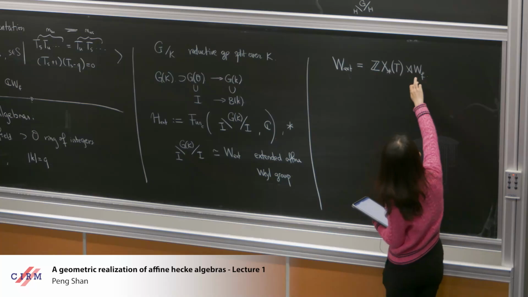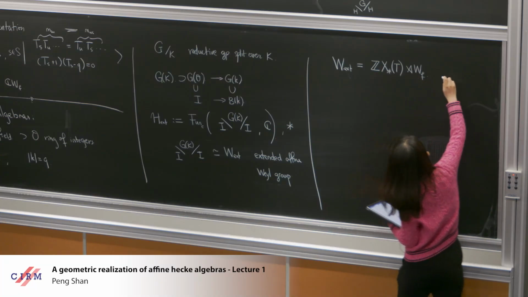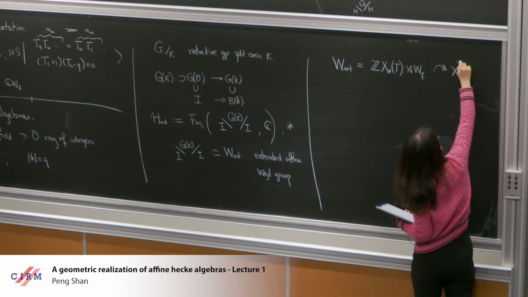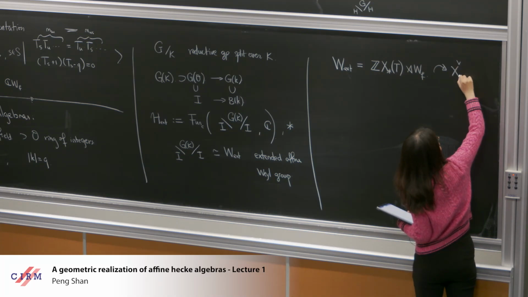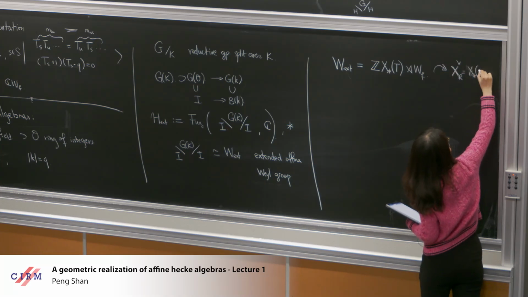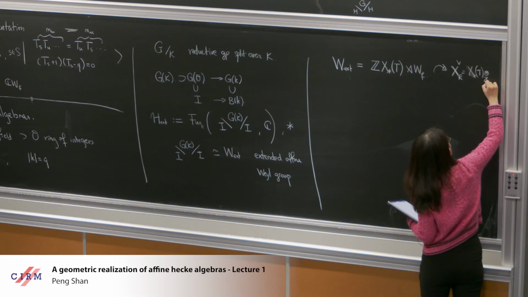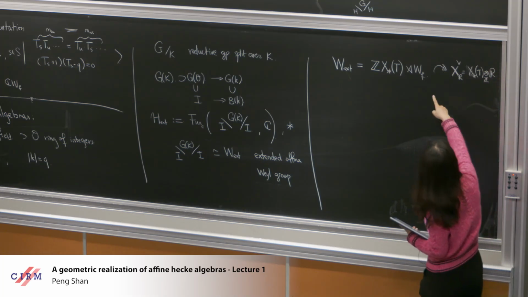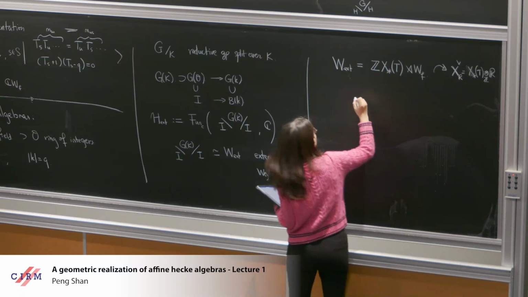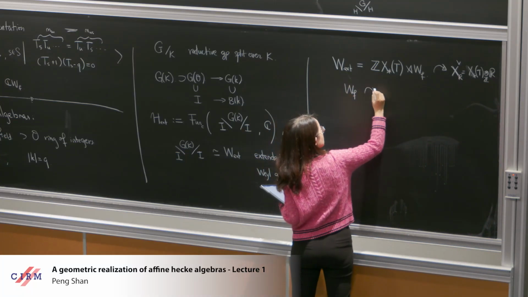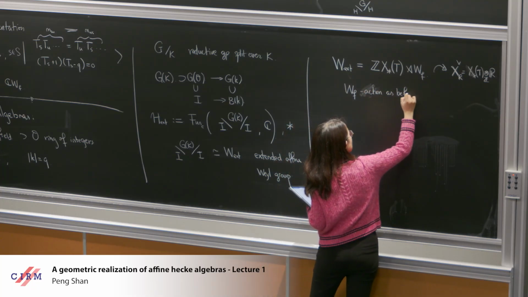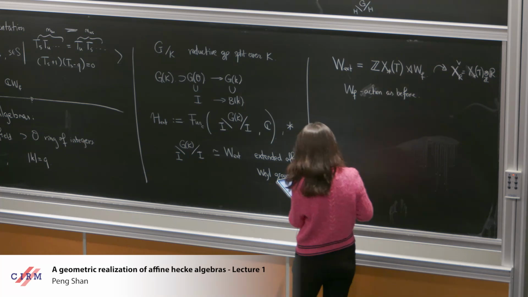Let me explain how it acts on the representation. On this X check tensor R, the cocharacters of T tensor with R, the W_f action is just as before, generated by reflections. And then the other part acts by translation.